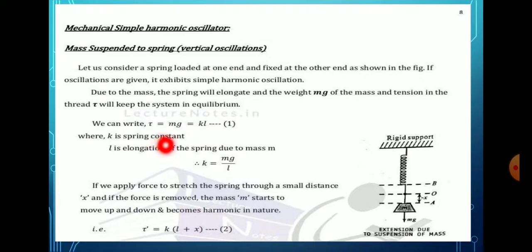where k is the spring constant and l is the elongation of the spring due to mass m. So k is equal to mg by l. If we apply a force to stretch the spring through a small distance x, and the force is removed, the mass starts to move up and down and becomes harmonic in nature.